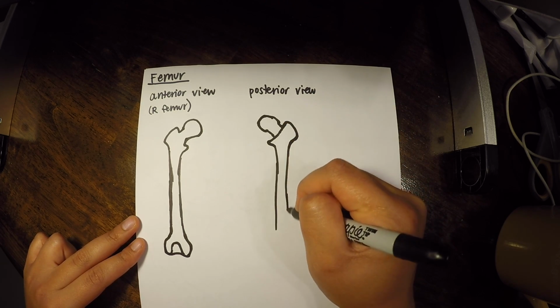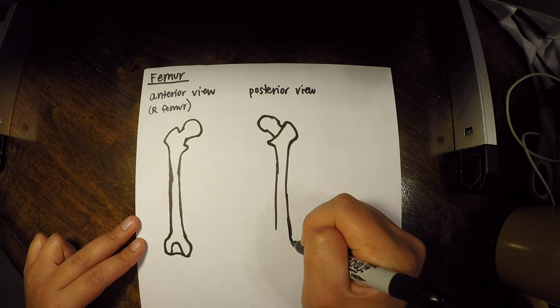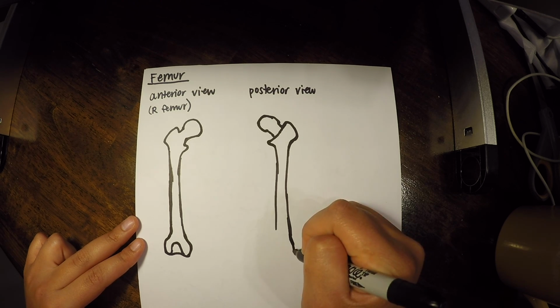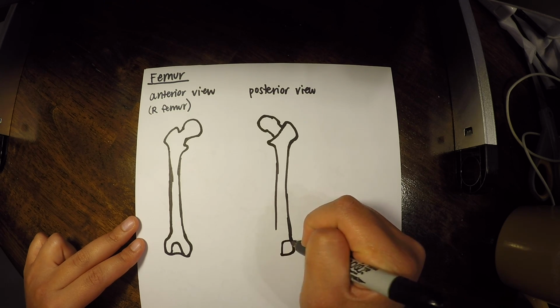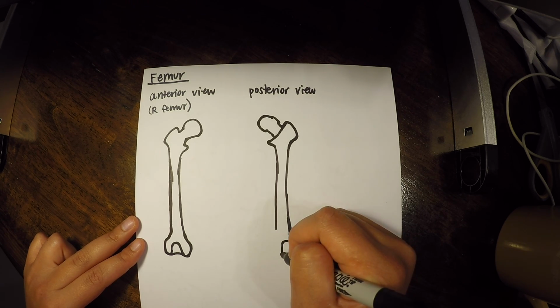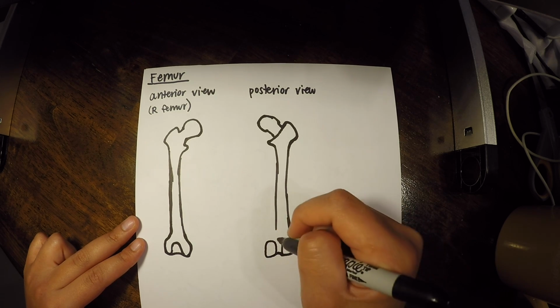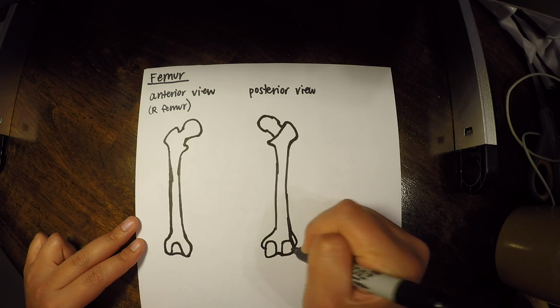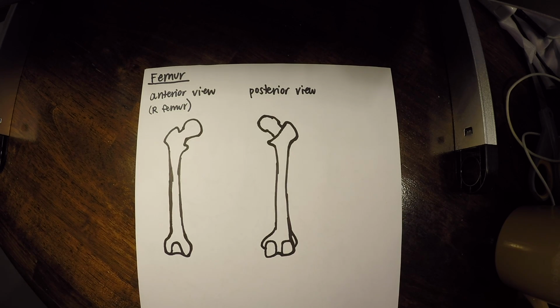Alright, then we got our femur nice and big and long. Sweet. Okay, there's our posterior view. Now we get to the fun part, all of the labeling.